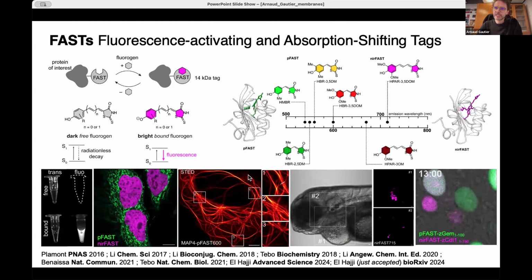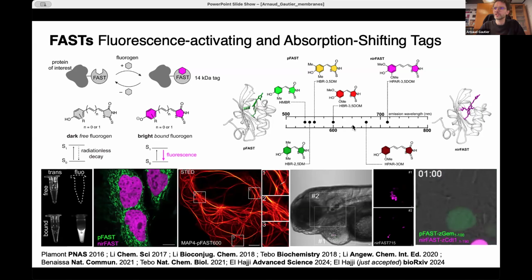And another interesting feature of this chemogenetic system is that they are composed of two parts, a protein part and a synthetic part. And we can play with the structure of the small synthetic chromophore to actually modulate the spectral properties of the system. So we have a version of FAST that we call pFAST, which binds this hydroxybenzylidene rhodanine chromophore that can be green, yellow, or red.